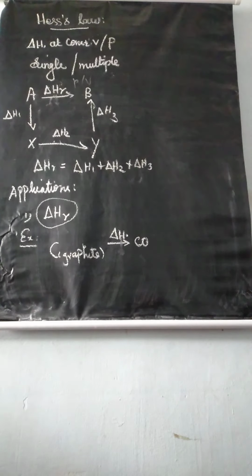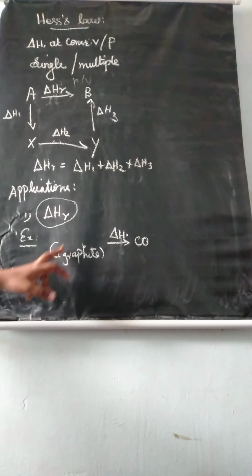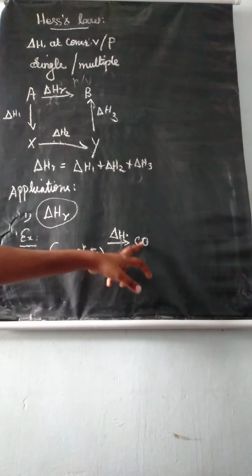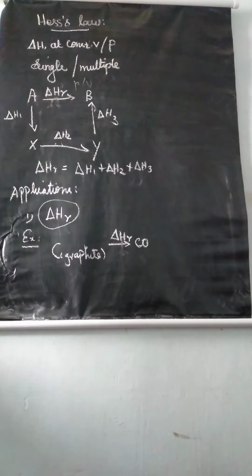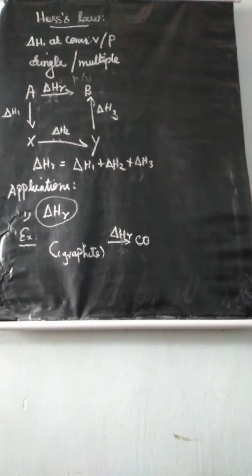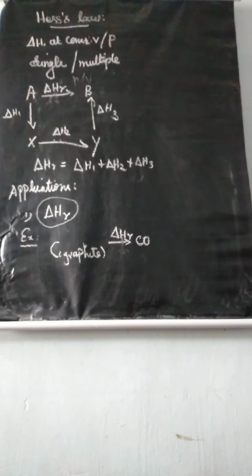So listen. Combustion of graphite to form carbon monoxide. You are going to calculate the heat of combustion of graphite to carbon monoxide. Understand this? See, listen. This carbon graphite is oxidized to form the product carbon monoxide.